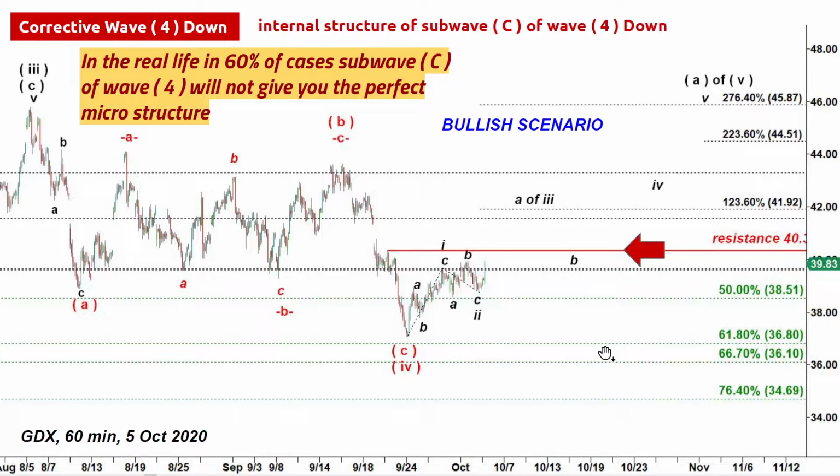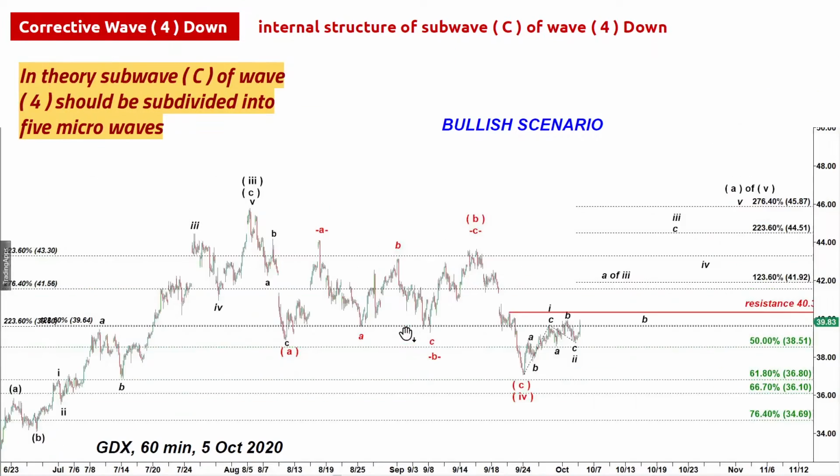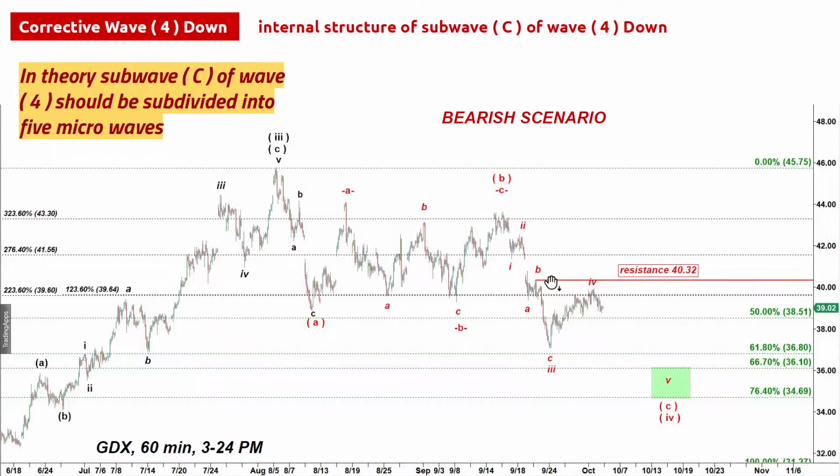Under the bullish scenario, it was very important that bulls in GDX would make a higher high. Remember I told you that because subwave C of wave 4 was supposed to have an impulsive count, bulls could not get over subwave B of wave 3, because once we get over that level, they would solidly invalidate potential for a new lower low.